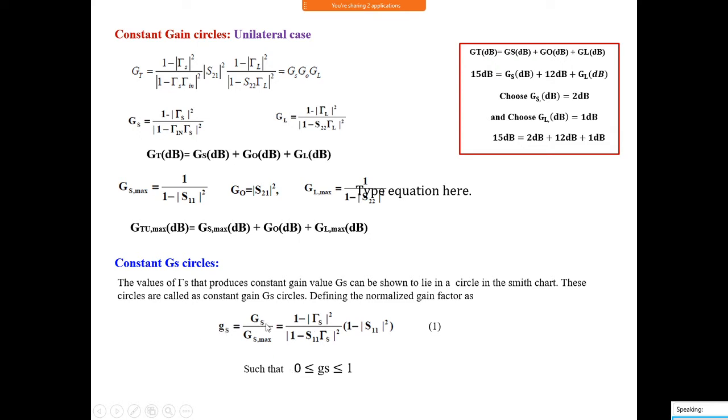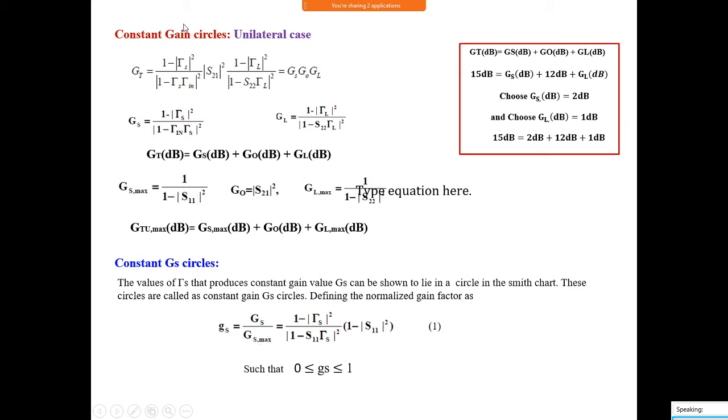For example, I want GS to be only 1 dB. Then the ratio is 1 dB over 2.92 dB, so take the ratio and we will get some value. So it may include 0 dB up to a maximum of 1 for this normalized gs. So what I have done here is GS divided by GS maximum.